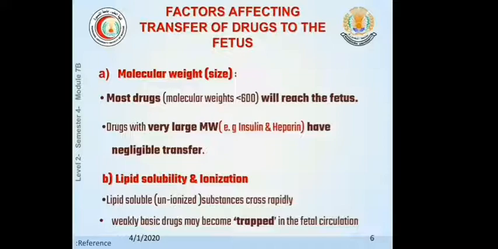However, weakly basic drugs may become trapped in the fetal circulation, which is called ion trapping, producing a prolonged effect of the drug in the fetal compartments. Ion trapping occurs because the fetal plasma pH is more acidic than the maternal plasma pH, causing the weak bases to become ionized.